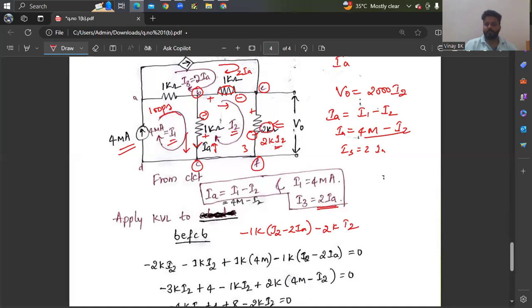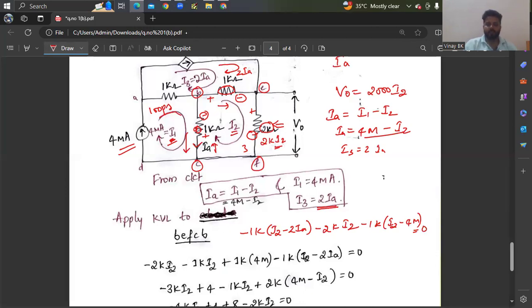I2 is flowing. Similarly here, minus this resistor, minus 1 kilo ohm into I2 minus I1. What is the value of I2 minus I1? I1 is 4 milli, equals 0.